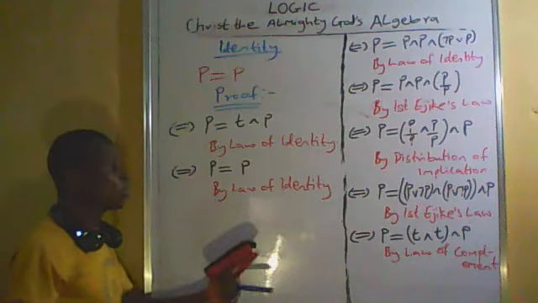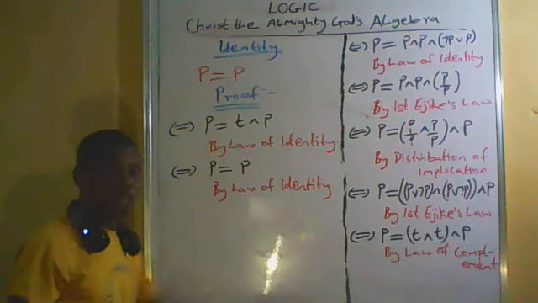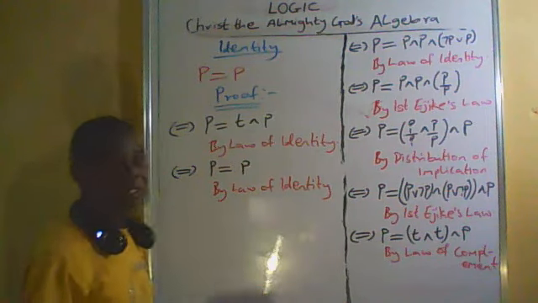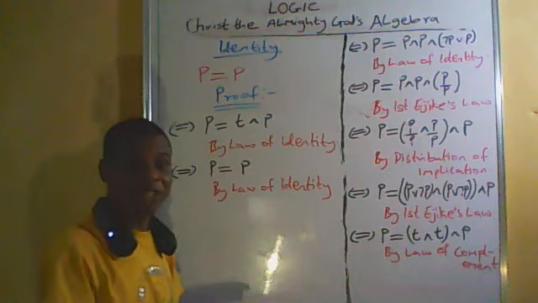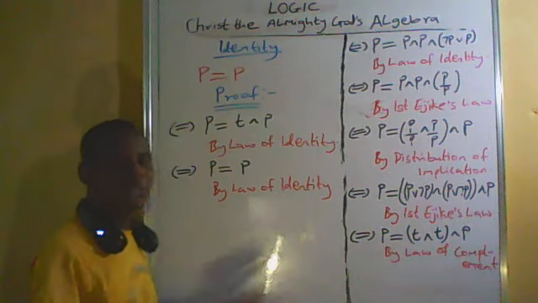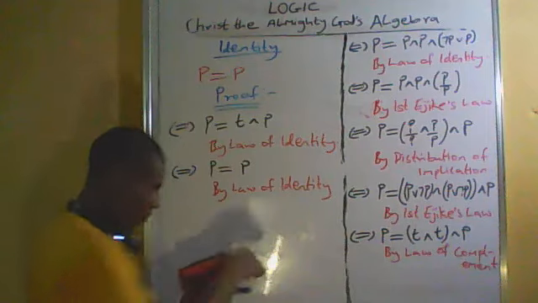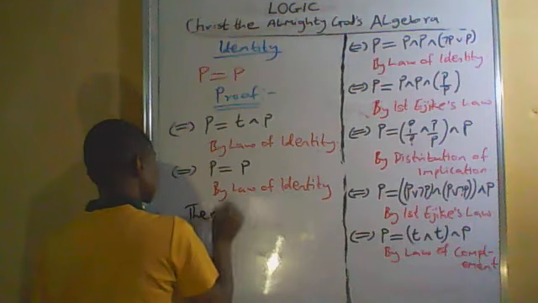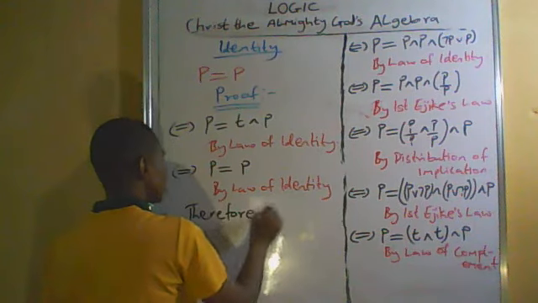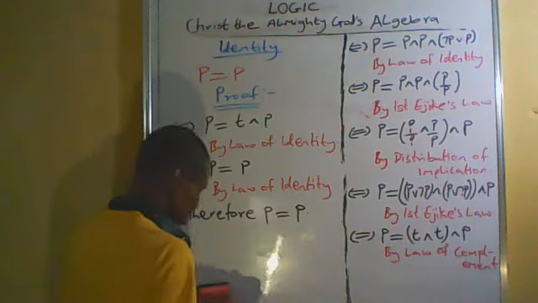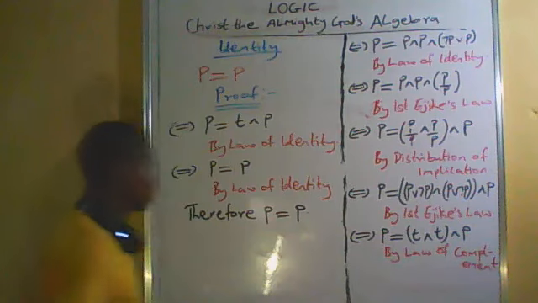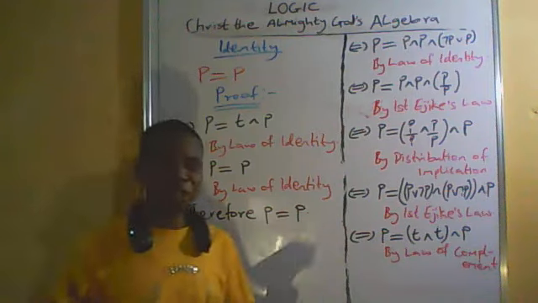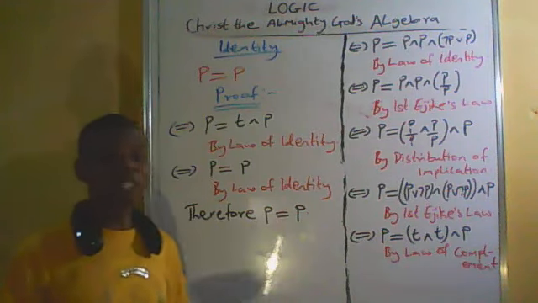We cannot prove the converse separately, but it is a tautology, because the same process we are going to use to prove the converse has the same syntax and the same semantics. So we conclude, therefore, P is equal to P. We have now proved that P is equal to P is an identity.